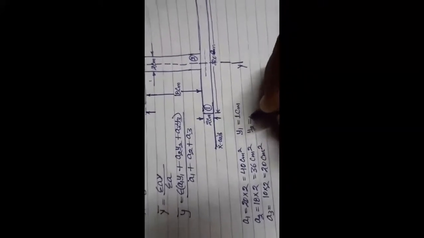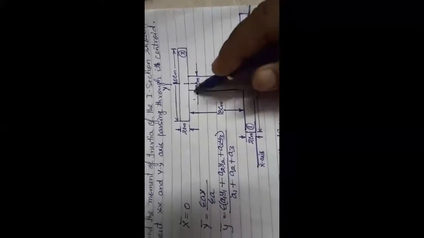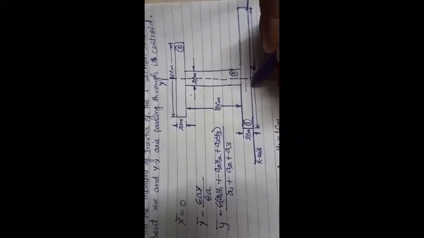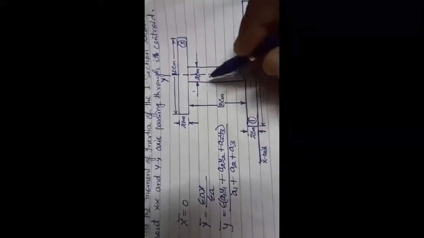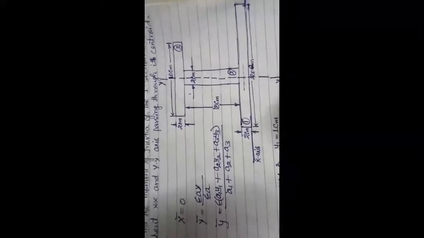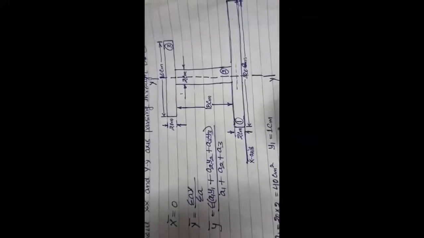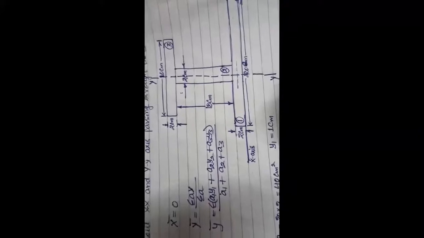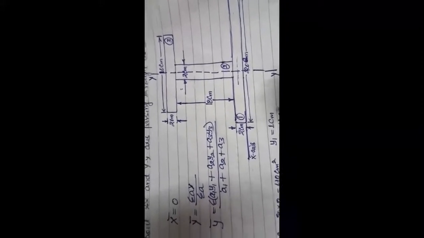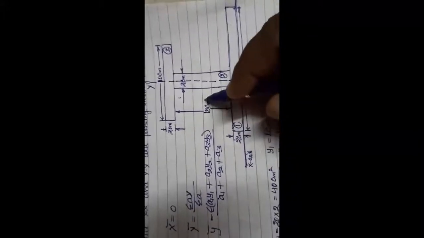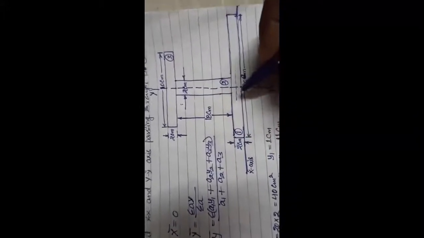And y2 is half of this 18 from here, but we are measuring the distance from here, so 2 will be added. So 2 plus 18 by 2, which is 2 plus 9, equal to 11 centimeter.